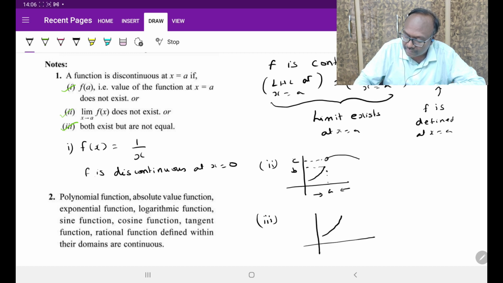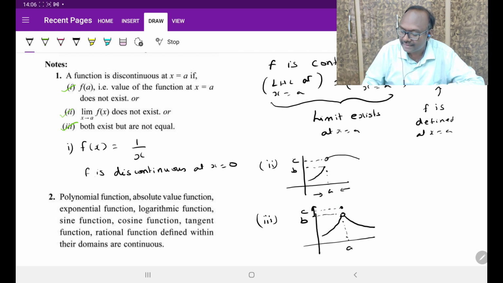So let us observe this graph. So at a point x equal to a, say the limiting value of the function is found to be b, and the value of the function is found to be c.